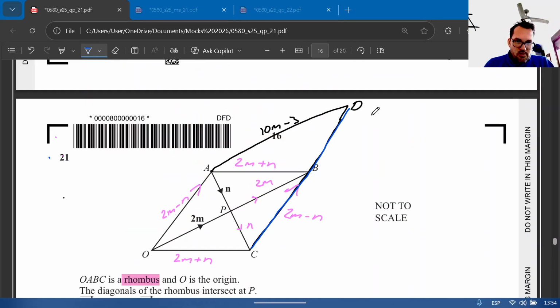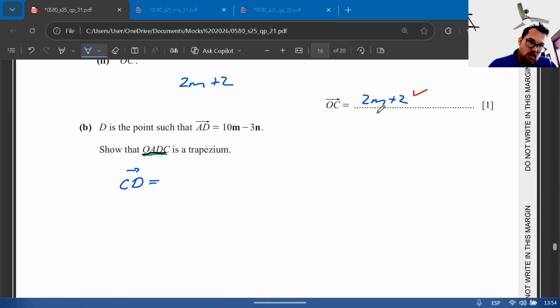Right, so what is vector CD? Well, it's 2m minus n plus that. We don't know what that is, so let's take a different path. Let's take this path going up here. So that's an n and an n, but in the opposite direction, so that will be minus 2n.